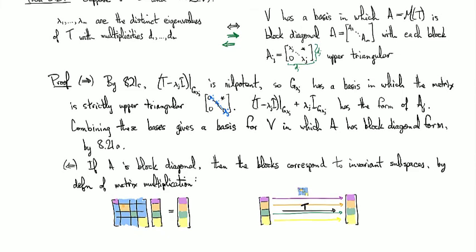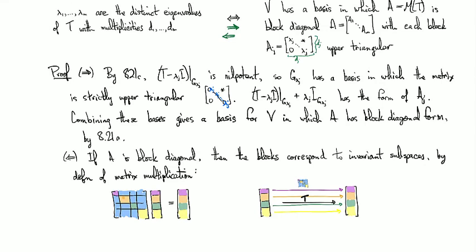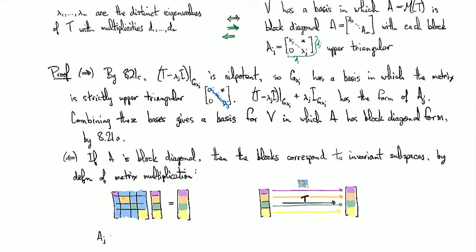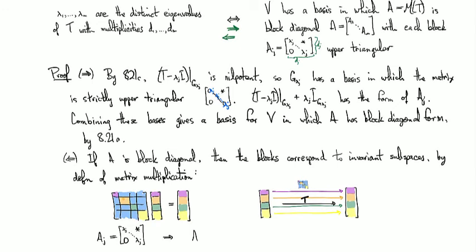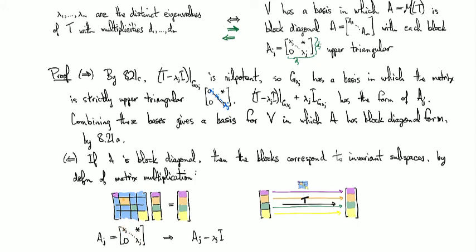Since we're assuming that we've got this block decomposition, and that each block looks like the same lambda j all down the diagonal, and then 0 below, and whatever it wants to be above the diagonal, then if we look at A_j minus lambda_j I, we're subtracting those lambdas off the diagonal.